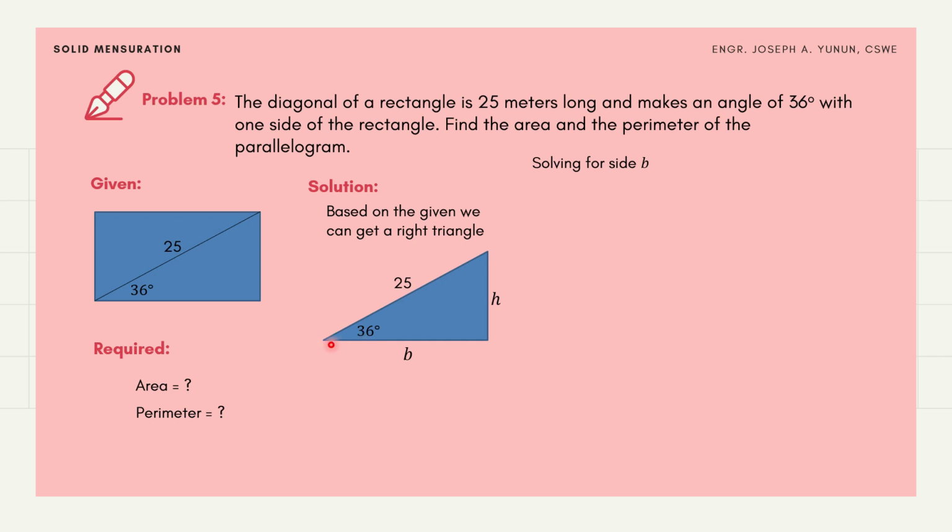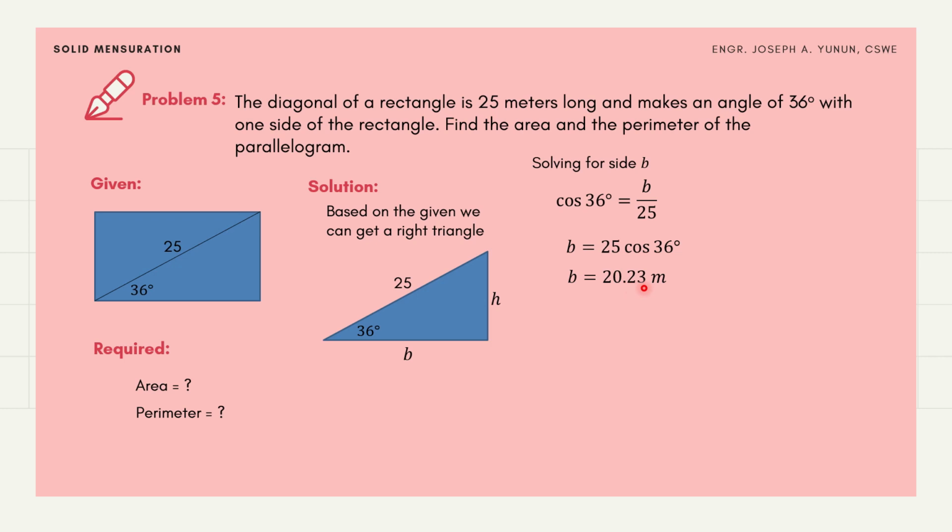Cosine is equivalent to adjacent over hypotenuse. So cosine 36 degrees is equivalent to the adjacent side, which is b, all over the hypotenuse. Simplifying that, I get this equation, and using your calculator, the side b is equivalent to 20.23 meters.